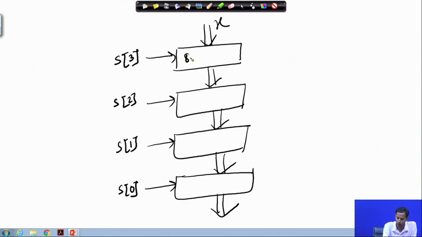Let us consider this as 8 bit control shift, this is 4 bit control shift, this is 2 bit control shift, this is 1 bit controlled shift.